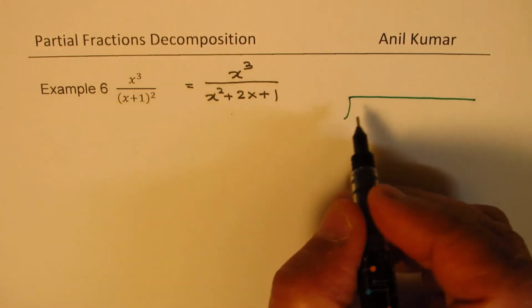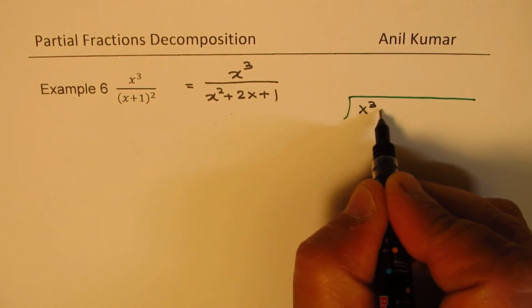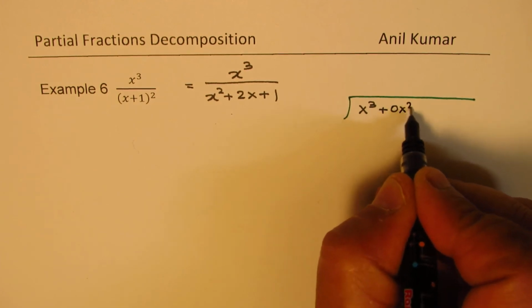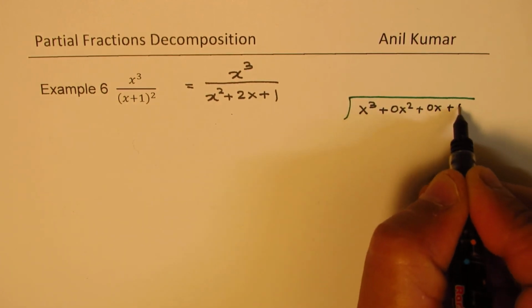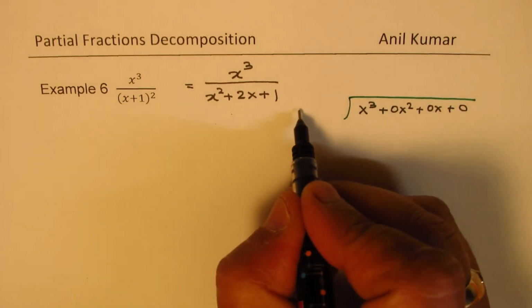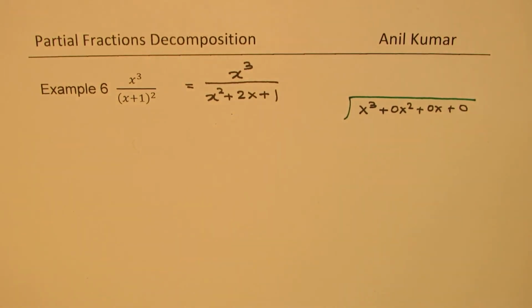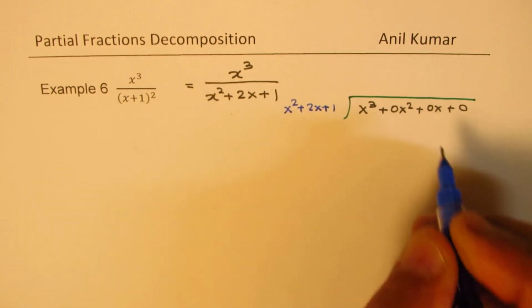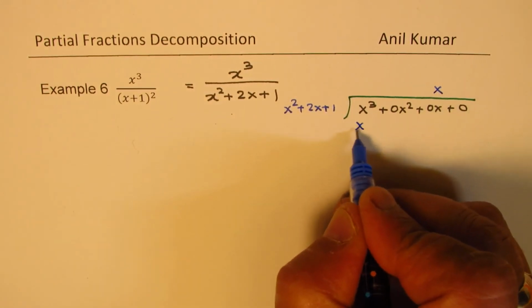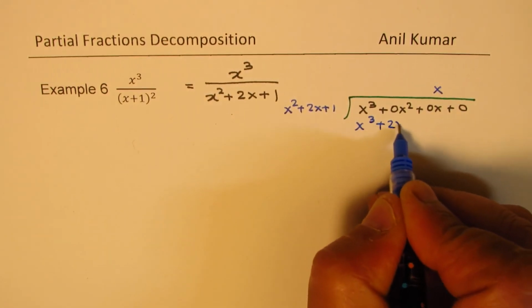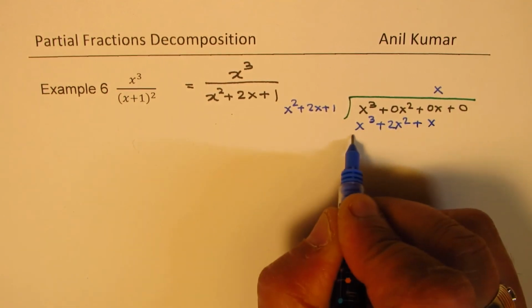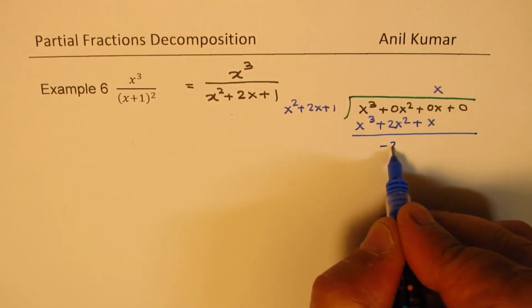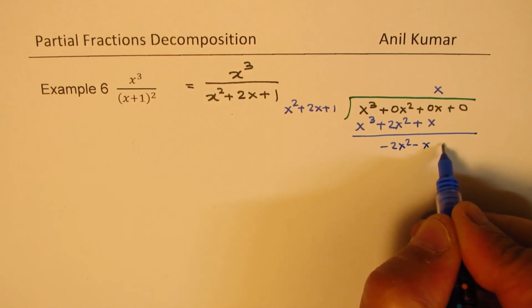So let's divide and write this in simpler form. We have here x cubed, which we could write as x cubed plus 0x squared plus 0x plus 0, right? And we are dividing by x squared plus 2x plus 1. So it goes x times, we get x cubed plus 2x squared plus x. And when you take away, you get minus 2x squared minus x.